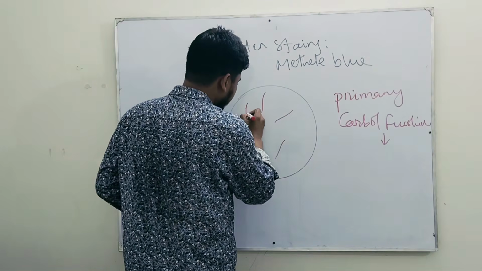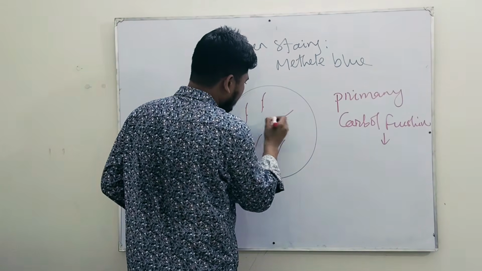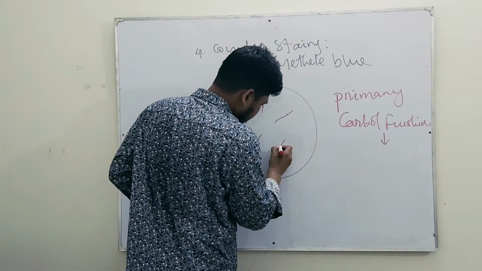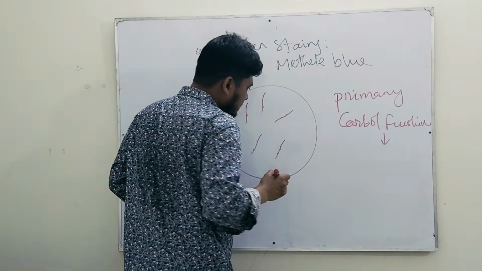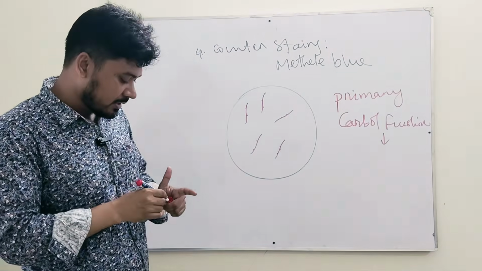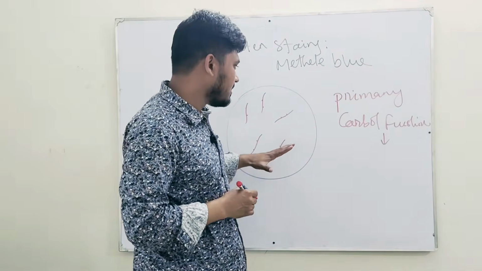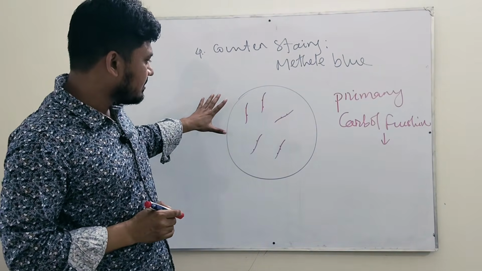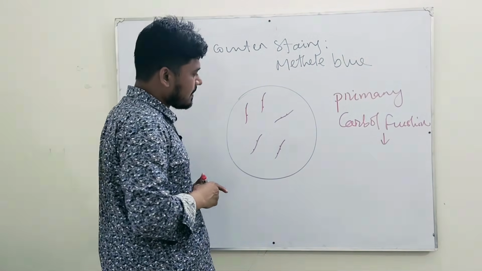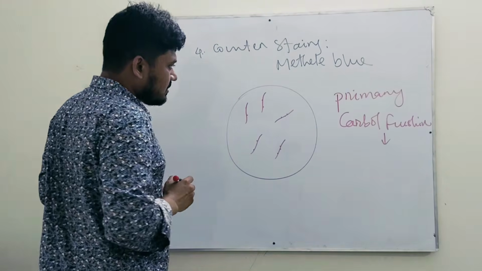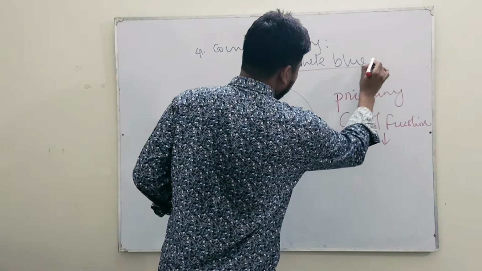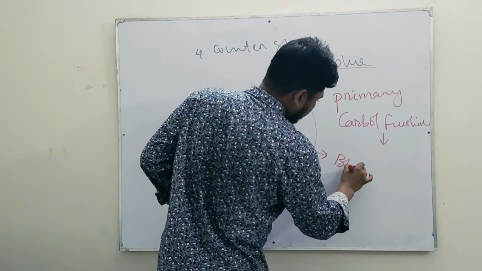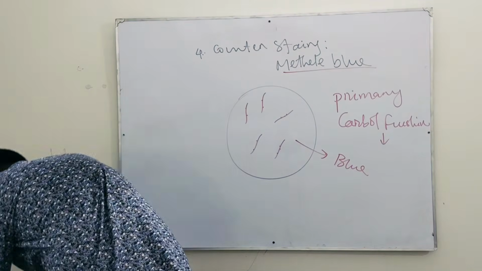And there will be some granular appearance called beaded appearance, because due to disruption of the mycobacterial cell, there will be uneven distribution of this mycolic acid. And after decolorization, when we use methylene blue for counter staining, the background will be blue.